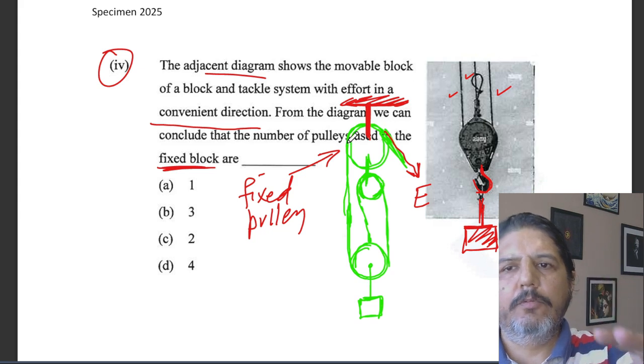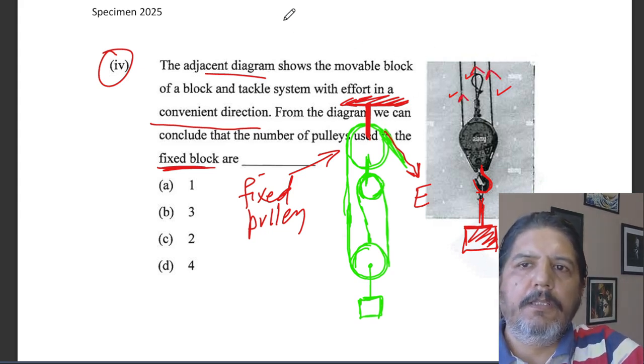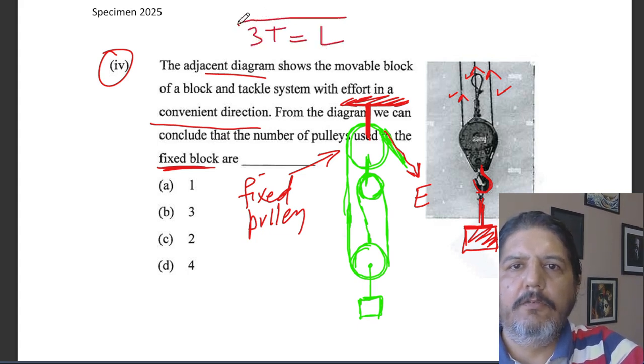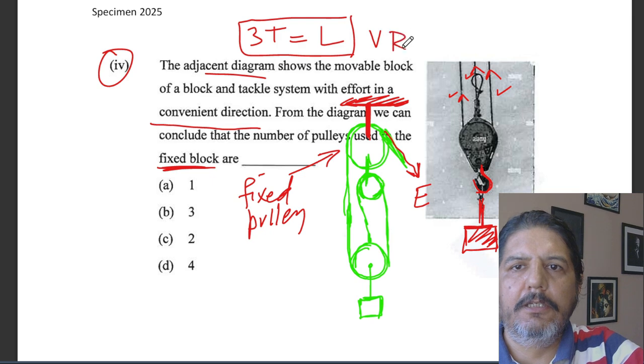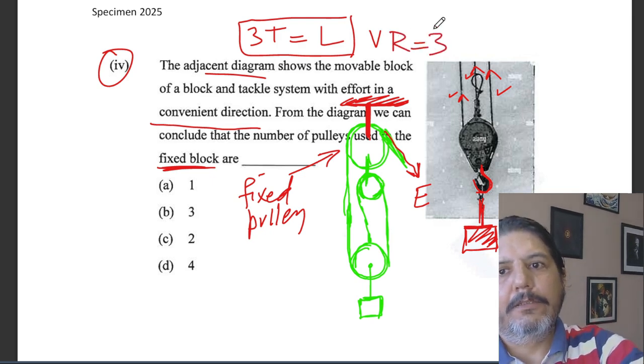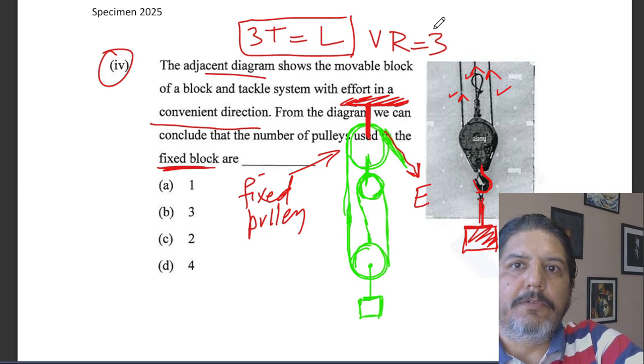So basically, this would be the case where the VR would be 3. This is one way of looking at this. So in this block and tackle system, the VR would be 3.